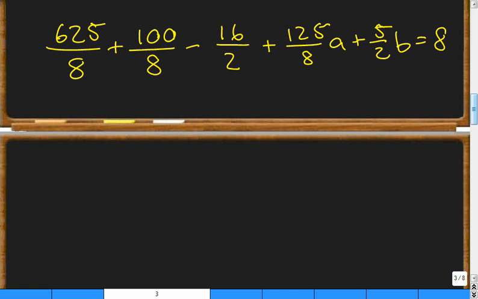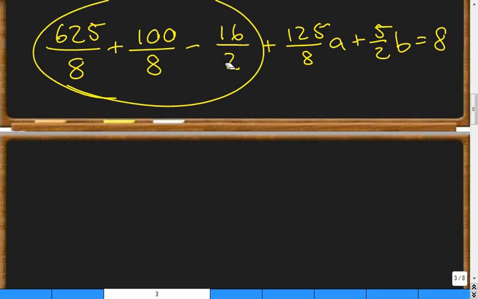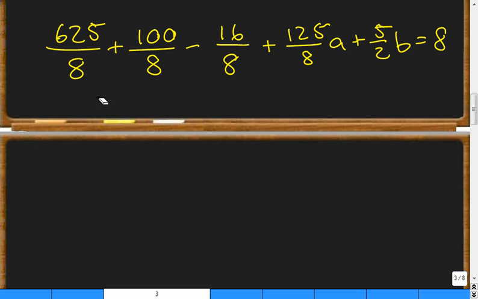Okay. So we then continue down. We're going to end up here. We're going to put all of this over 8, I apologize. So we're going to put all this together. This becomes 725 here, minus 16 is going to be 709.